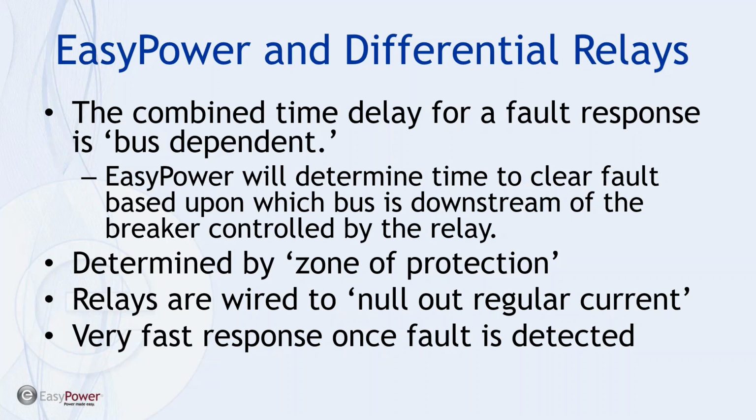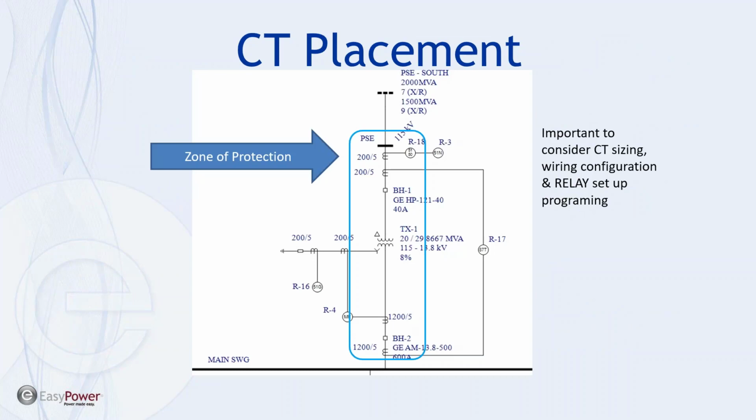Now, again, the zone of protection can be very wide or very complex, and it's determined primarily by where the CTs are set up. As I mentioned, they're wired to null out regular current, but as such, they're very fast in their response. Here we have CTs.